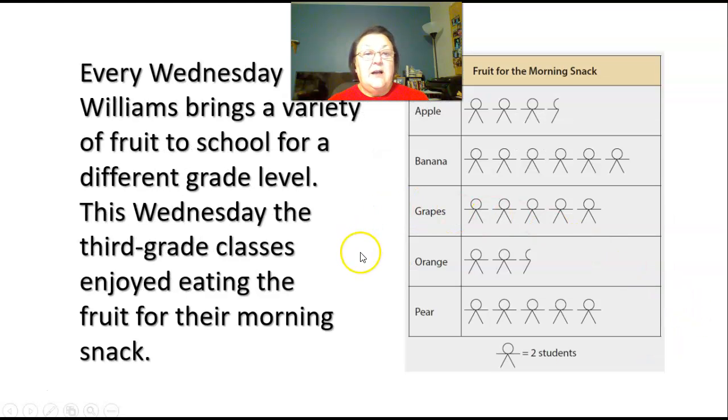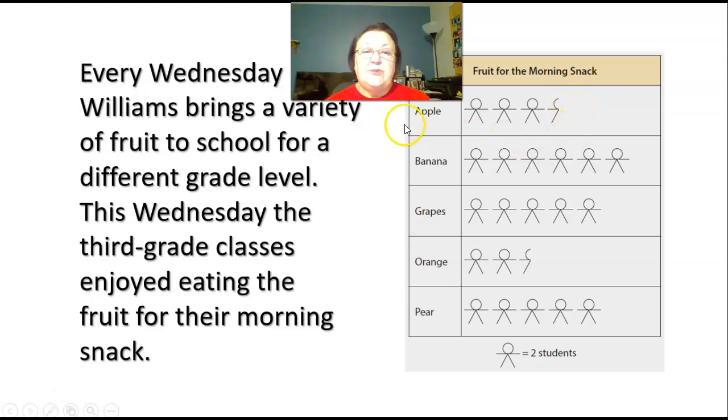Okay, here's another little chart that we're going to look at. What's the first thing we're going to look at on this chart? We are going to look at the key, because each of these people represent 2 students. And when you see a half a person like this one here, that would mean just 1 student.